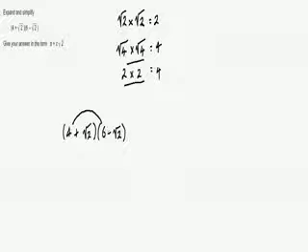So 4 times 6 is 24. Then we're going to have 4 lots of minus root 2. Now the 4 is a plus and this is a minus, so a plus times a minus is a minus, and 4 lots of root 2 would just be 4 root 2. So that's everything multiplied by the 4.